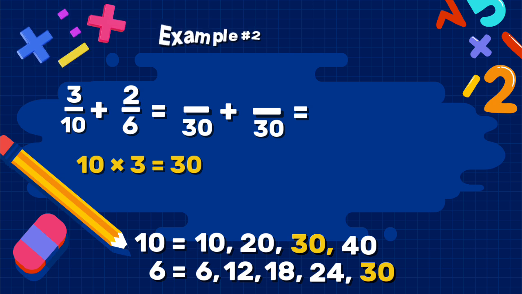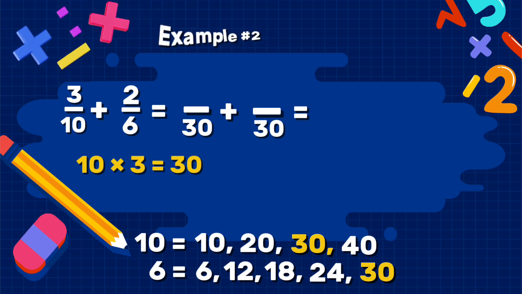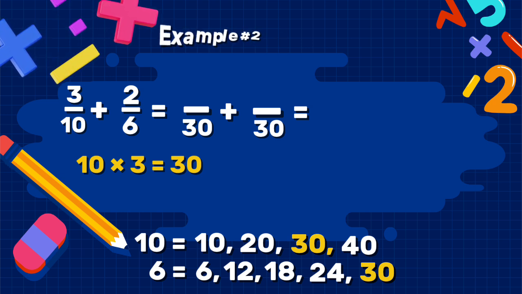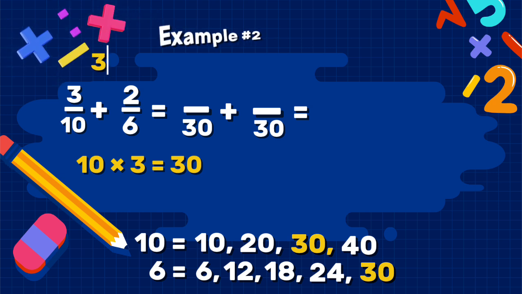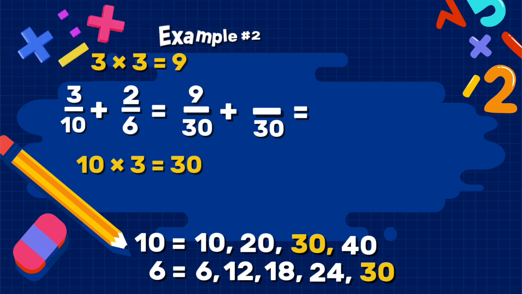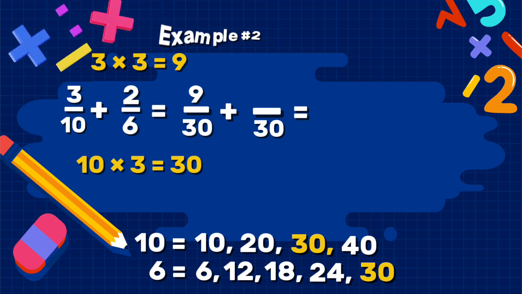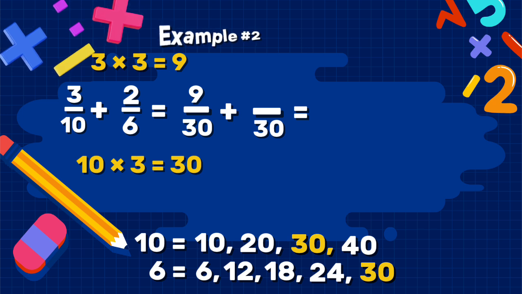In order to keep this equivalent, whatever we do to the denominator, we have to do to the numerator. So multiply the numerator by 3 as well. 3 times 3 is 9. So 9/30 is equivalent to 3/10. But we have that common denominator of 30.